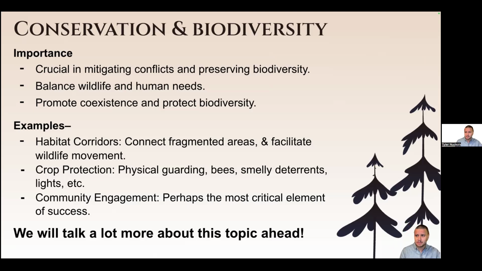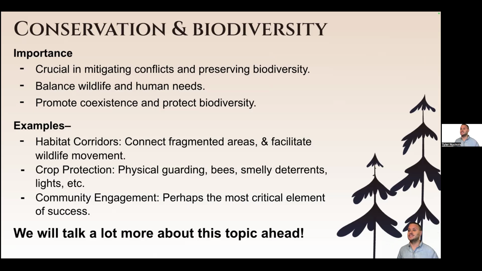So habitat corridors are a great example, connecting fragmented areas together to facilitate wildlife movement that will not bring humans and wildlife into conflict, like wildlife overpasses on roads, designating a specific corridor for wide-ranging species to pass through that might be fenced so that the wildlife can't get into the human-dominated spaces, and the humans aren't crossing over.